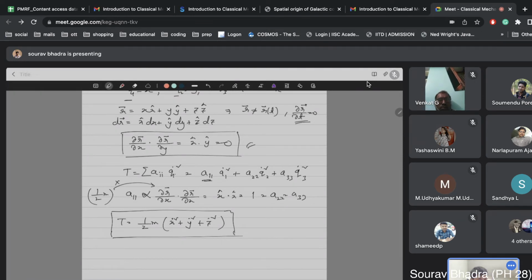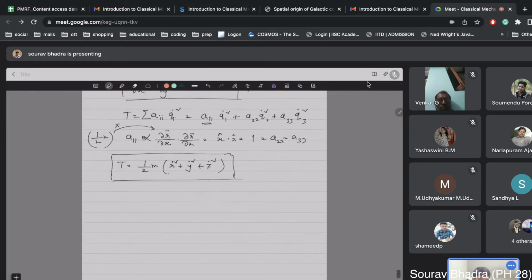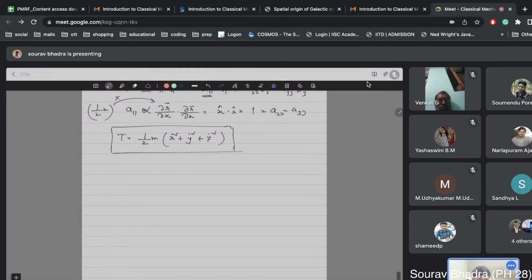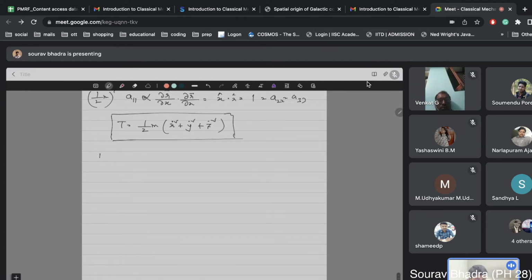Okay, now we will do another thing, same thing, I mean we will calculate the kinetic energy, but in polar coordinates. You will see there is a little change between the Cartesian coordinate and polar coordinate, and that's why I wanted to do it, to give you the idea.